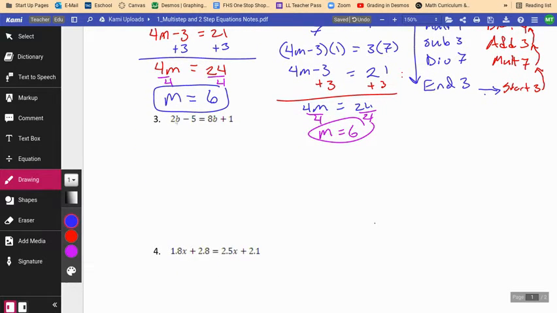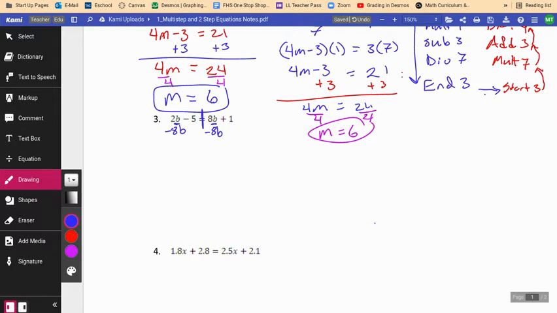Okay, so now I have the same variable, but I have it more than once. So this is where we do have to simplify. So I want to combine those variables so that I end up having just one. So here we need to move it across the equal sign. So in order to do that, I have to do one of 2 things.